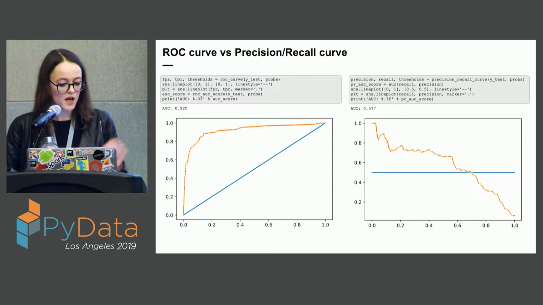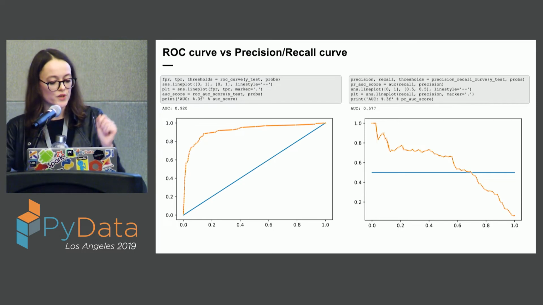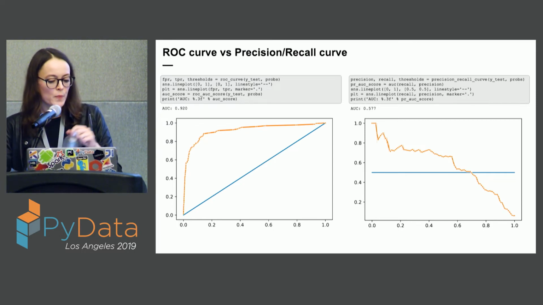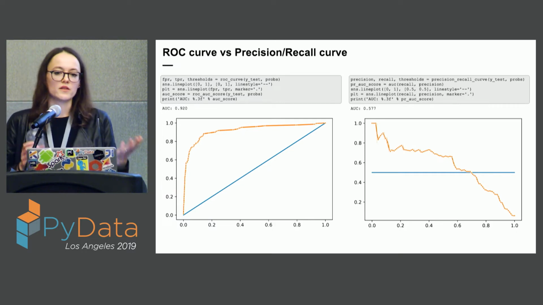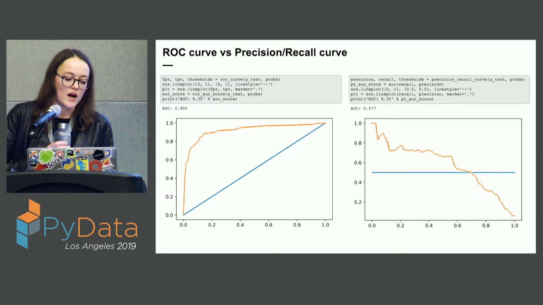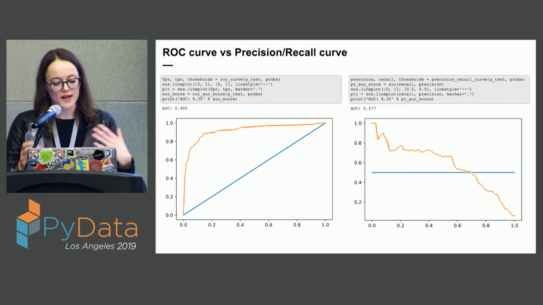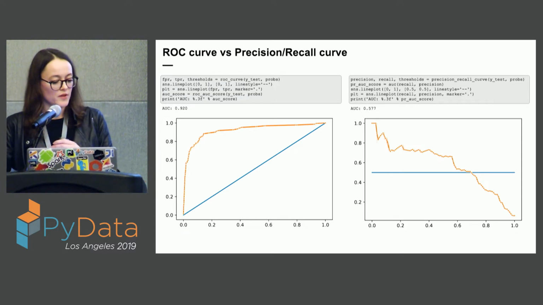And as you can see, ROC gives me a score of 0.92, when the precision recall curve is going to give me only 57.7%. So again, when you're dealing with class imbalanced data sets, ROC curve may not be ideal, and you may want to add some other metrics or maybe look at the precision recall curve instead.